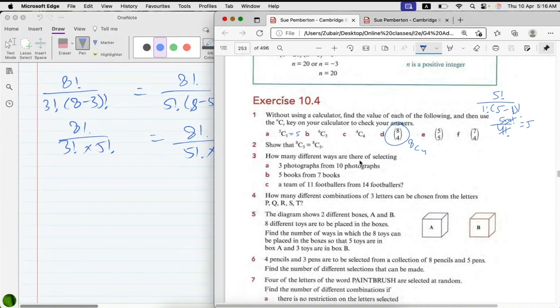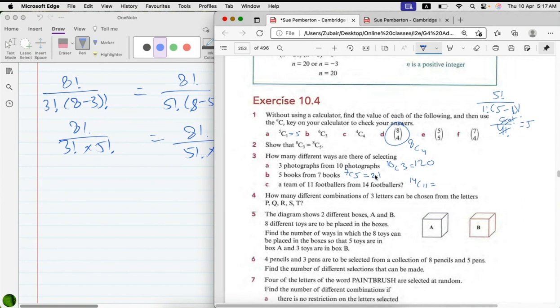How many different ways are there of selecting 3 photographs from 10? 10C3. 5 from 7, 7C5. 11 from 14, 14C11. And that's it. 10C3 is 120. 7C5 is 21.